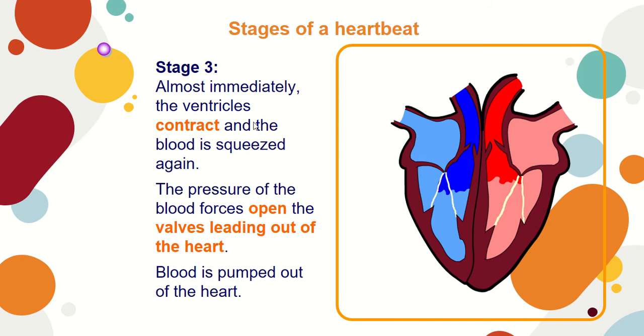Almost immediately, the ventricles contract and the blood is squeezed again. So once it is full, it will go to our semilunar valves. The deoxygenated blood will pass through the pulmonary semilunar valve, going to the lungs. And this other one is our aortic semilunar valve, carrying oxygenated blood, or blood with oxygen.